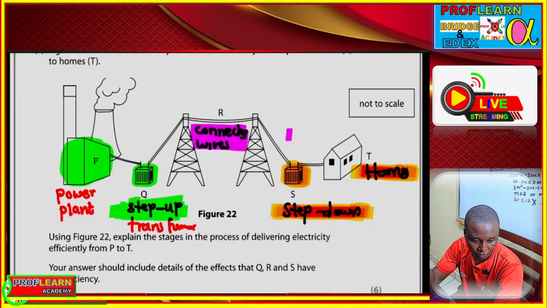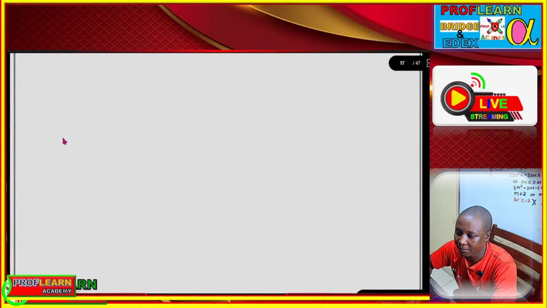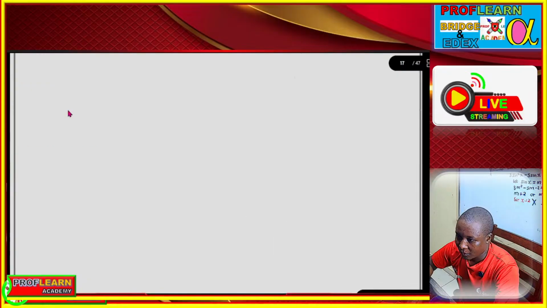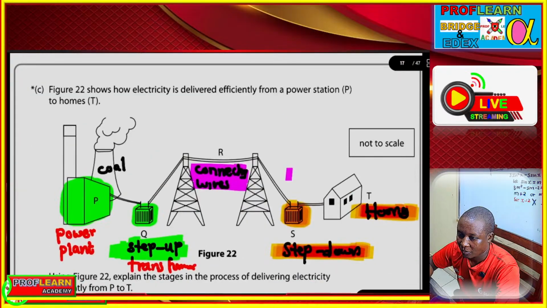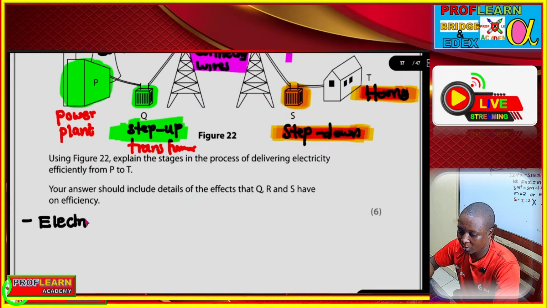Okay, then we are going to write and say, let me just move this. Let me just write the model answer you are supposed to say at this given point.